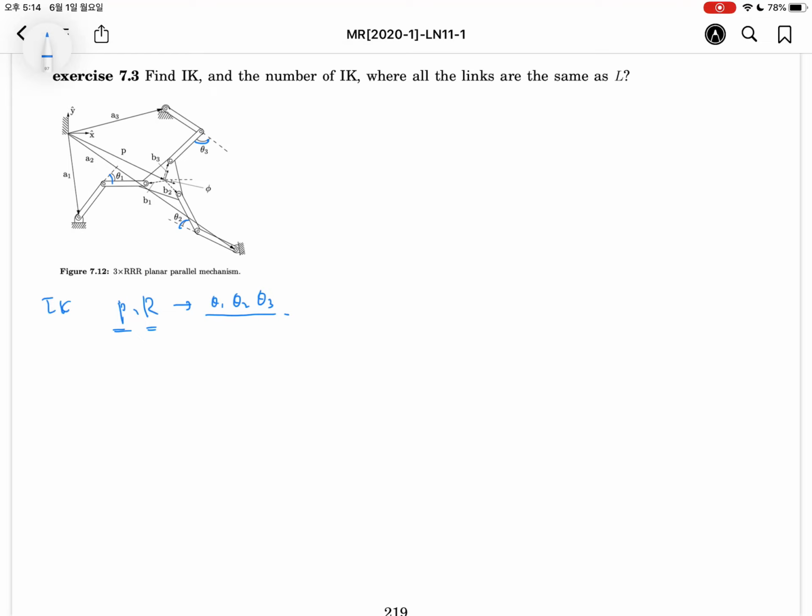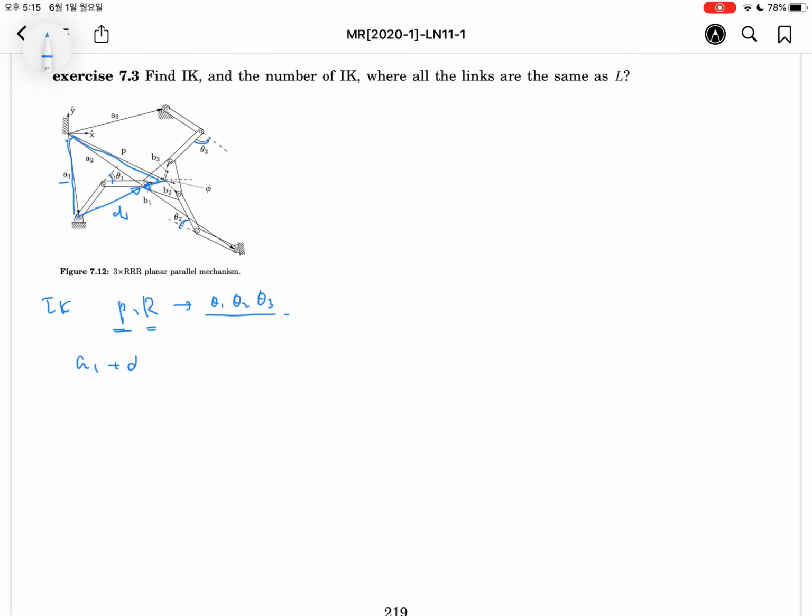Okay, let's make the equation about the first leg. This is the A1. Let's denote this vector as D1. And then the P vector is here, and then the B1. Both loops should be equal to each other.